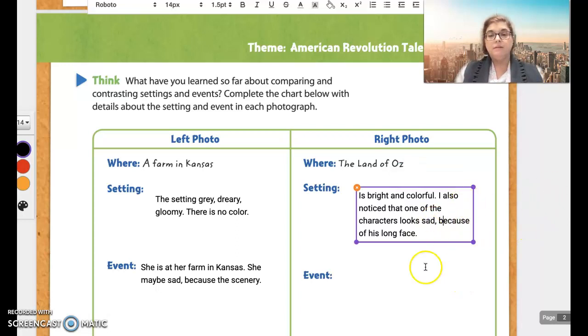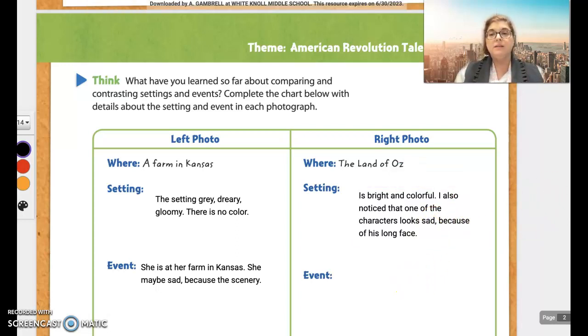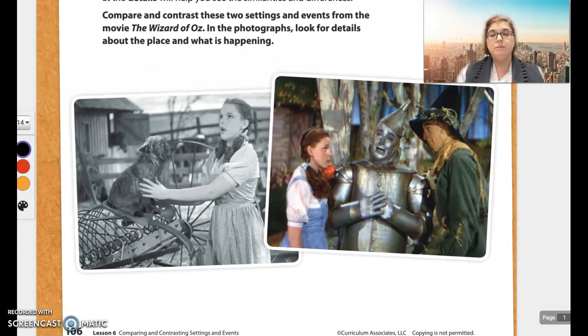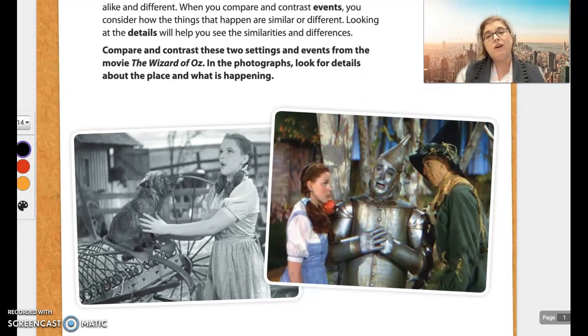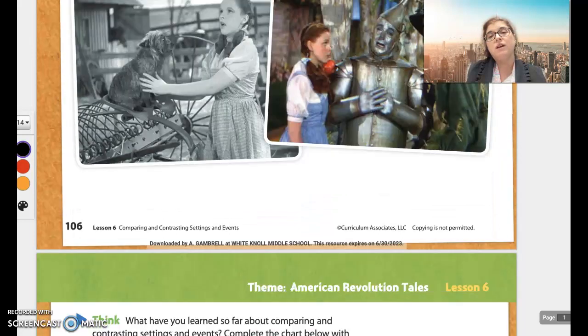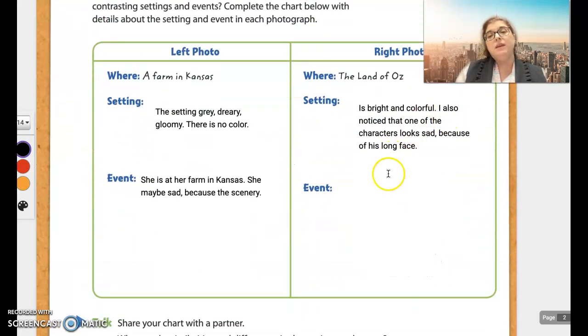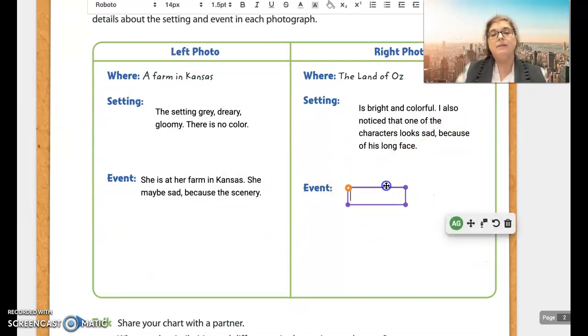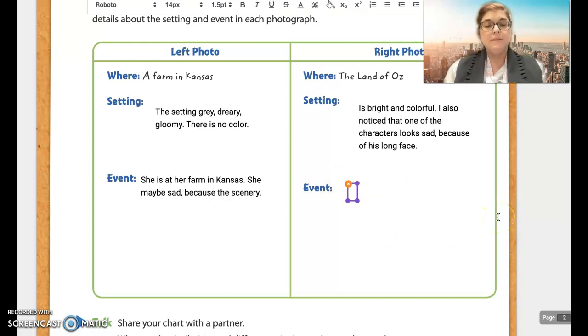All right. What's the event? Do we know? If you know the background, you do. Well, it looks like in this particular part that these two characters look caring. They look like they're trying to make the middle character feel better. So I'm going to put that. The event, let's see.